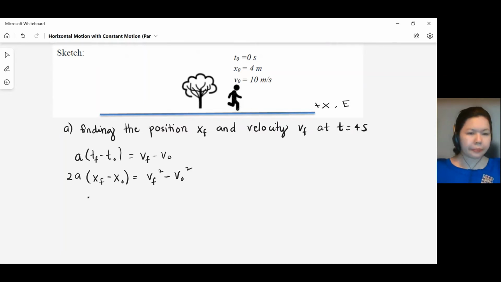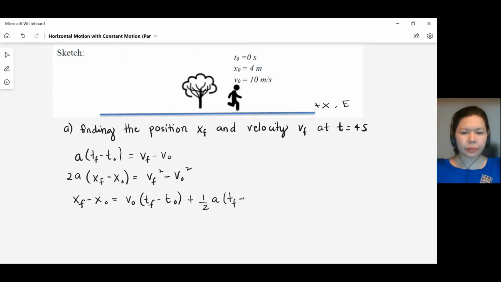And then the third is Xf minus X naught equals V naught times (Tf minus T naught) plus 1/2 A (Tf minus T naught) squared. Let me drop first the T naught, because in our formulation, T naught is equal to 0.